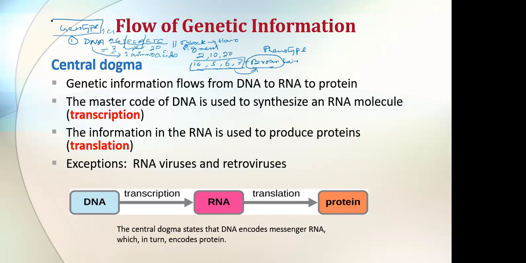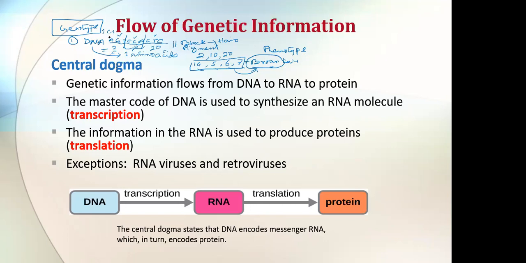Like over here, this is one codon, this is one codon, this is one codon. These are the genotype, but the sequence of these codons represents your phenotype.